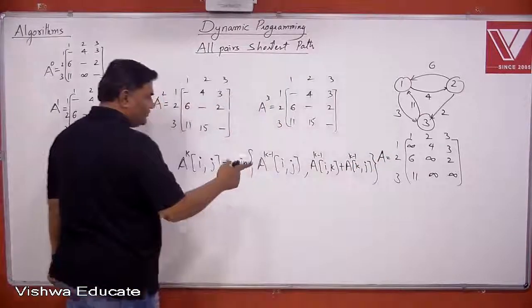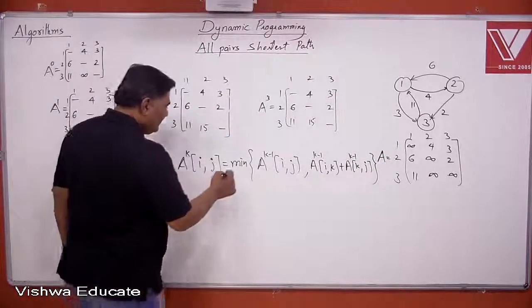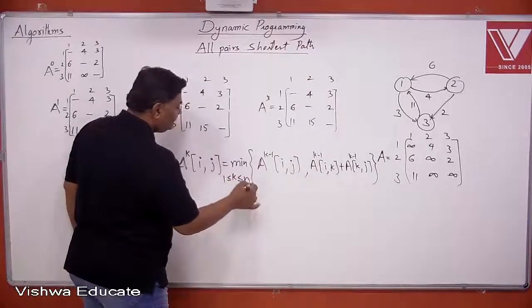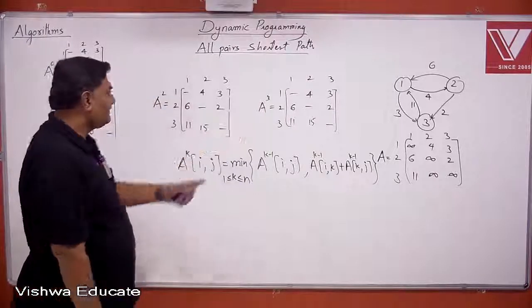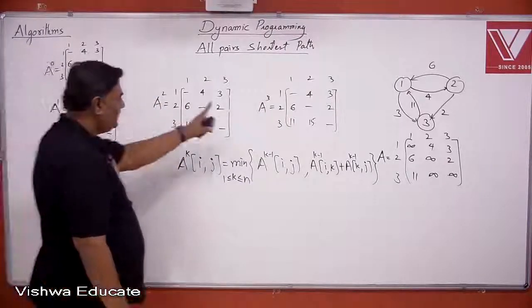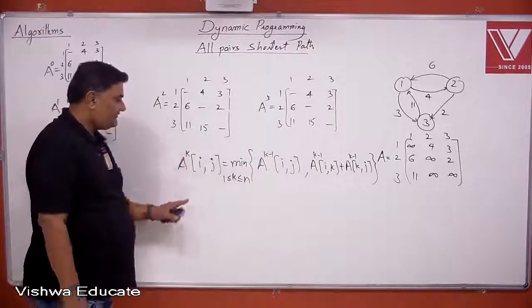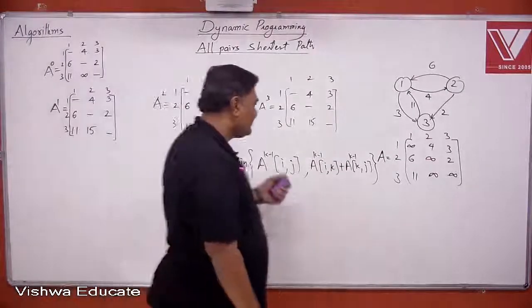Any one of these minimum we were taking. So k takes the values from 1 to n. If there are 3 vertices, we should find out A1, A2 and A3. So k will take the values from 1 to 3. This is the formula.